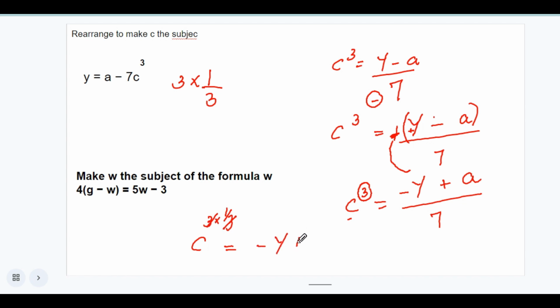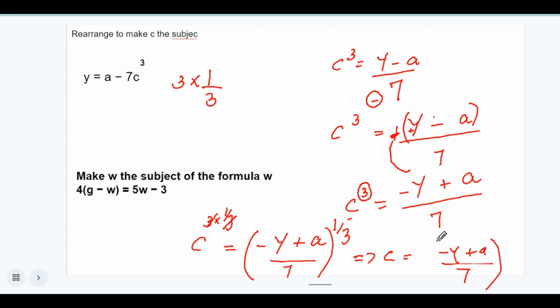So how can I do it on the right hand side? Same thing I need to do on the right hand side, means I need to take the power of all the things on the right side. Simple, it's not difficult. We can write like this, and this is your answer. That means C is equal to minus y plus a divided by 7, whole to the power 1 by 3.